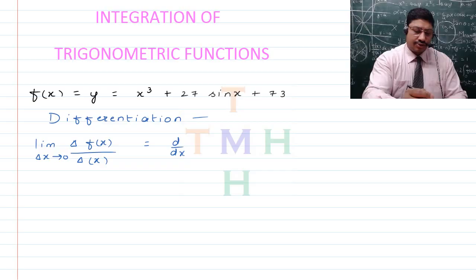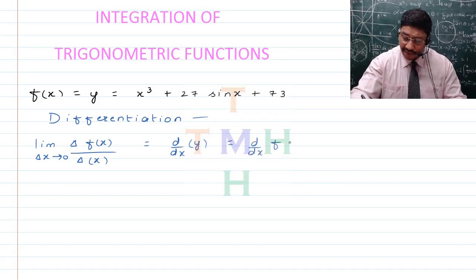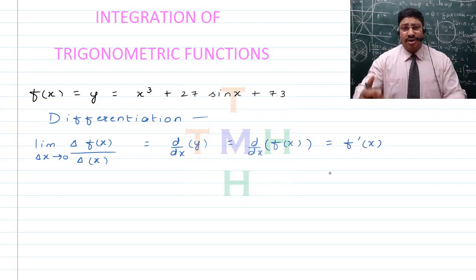This is how we find the derivative, written as d upon dx of y. Obviously, as y is f of x, we can also write this as d upon dx of f of x, and in representation this is written as f dash x. So this, children, is what differentiation is.